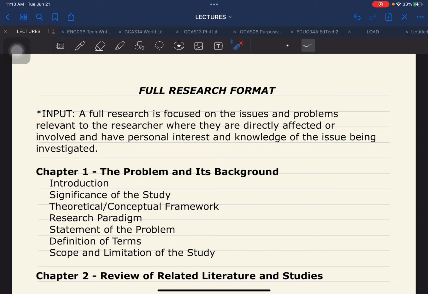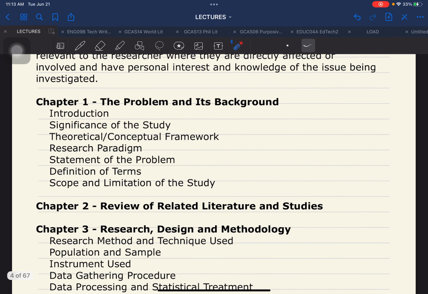Now, for the different parts of this particular format, you have chapter 1. I'm not going to comprehensively discuss the different contents of each chapter, so I'm just going to present them to you. The title of chapter 1 will be discussing the main issue being investigated, which is entitled The Problem and Its Background. So under this chapter, you have the following parts that you need to accomplish.